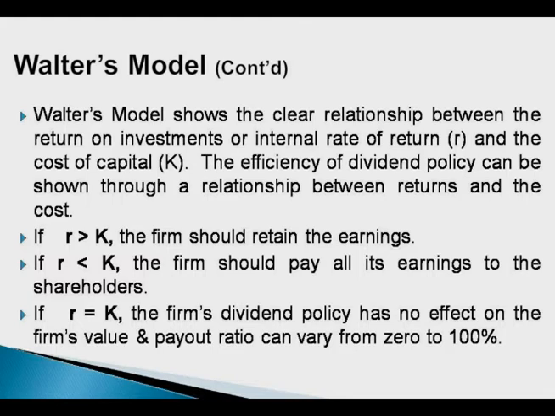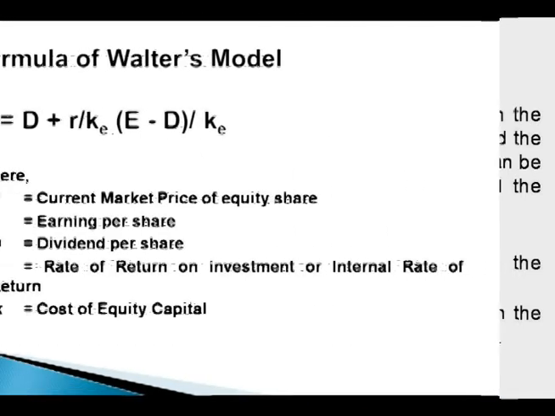And in the third case, if R and K are the same, the company's dividend policy has no effect on the firm's value and the payout ratio can vary from 0 to 100, meaning thereby it is up to the company, up to the board of directors how much amount of earning they want to distribute as a dividend or how much they want to keep as retained earning. It is their sole discretion.